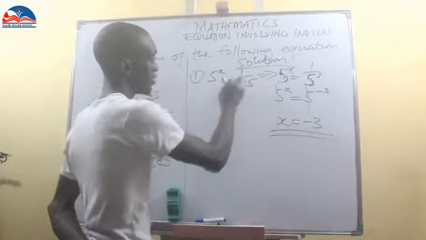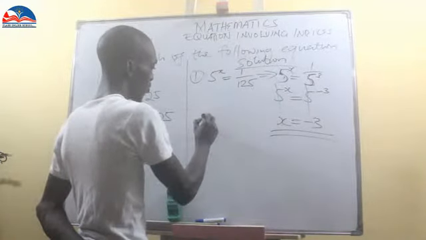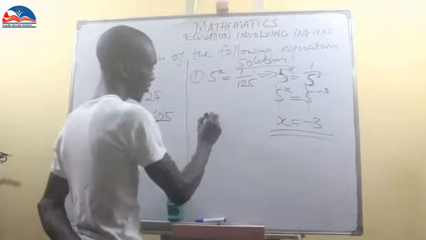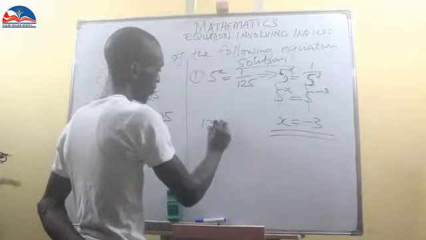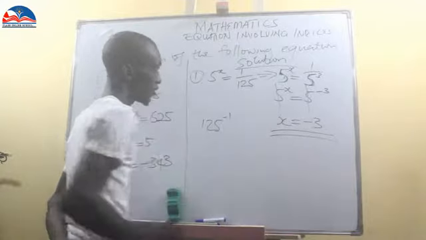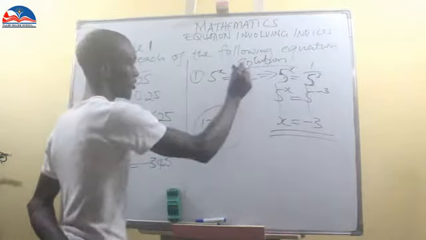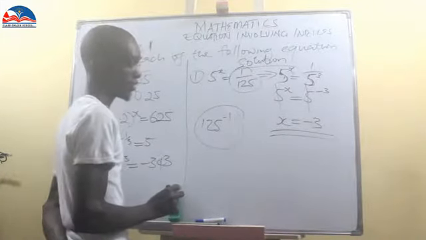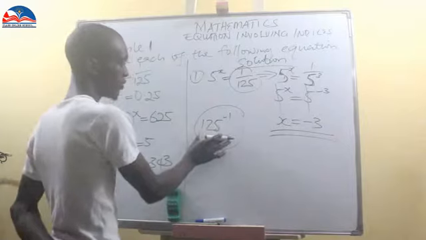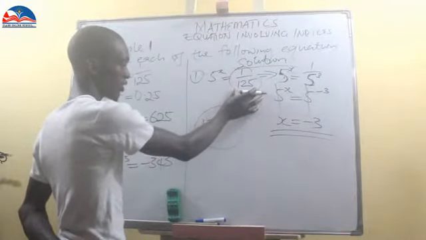Watch, I said the first thing: this is the inverse of 125, the same thing as 125 inverse. When I put this number in fractional form, it is this.